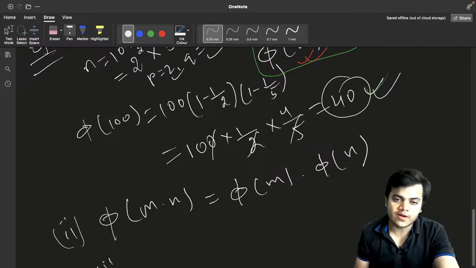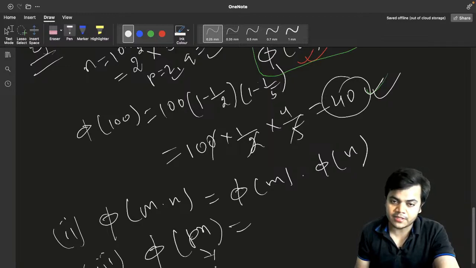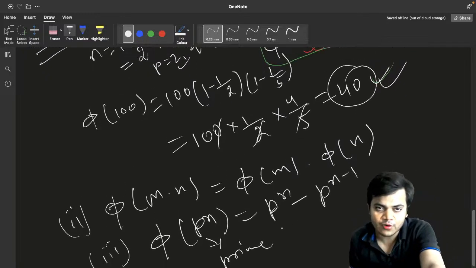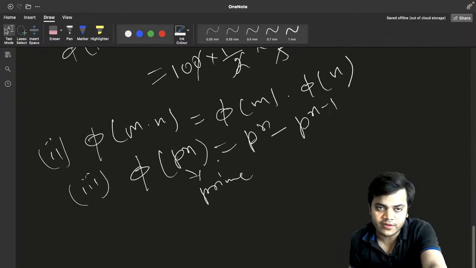Third formula is what? Yes, you will not hesitate to say, if you have phi of p raised to the power n, where this p is prime, then in this case it is going to be p to the power n minus p to the power n minus 1. And certainly we will use this formula also to calculate phi of 100.